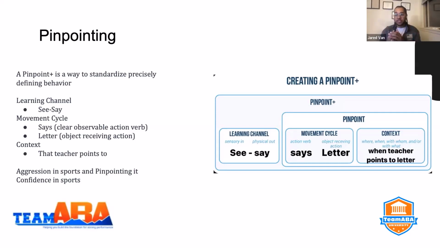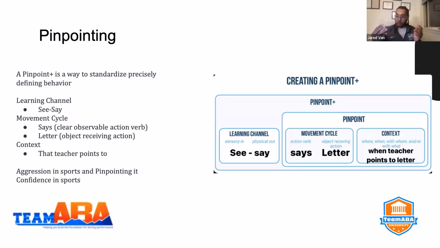And we want that movement cycle, which is a clear observable action verb with an object receiving the action. So, says letter. And then the context within which that occurs is the letter that the teacher points to. So now we have a clear way to identify and measure behavior.